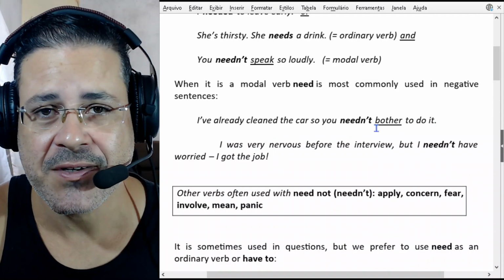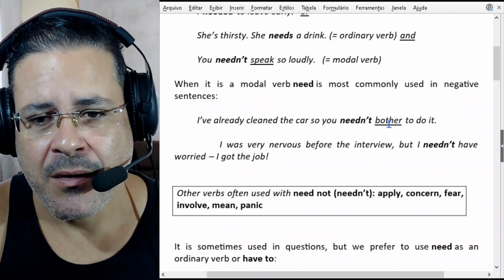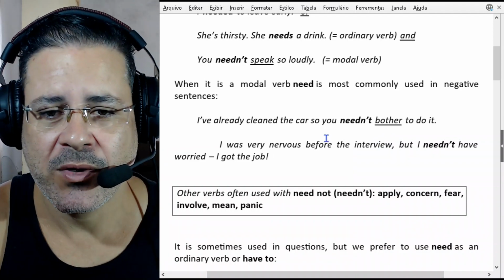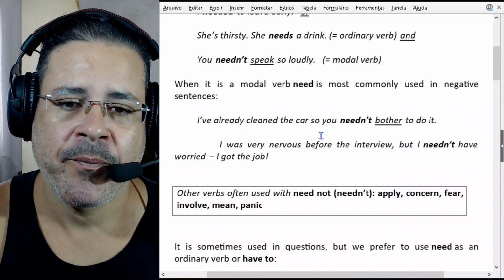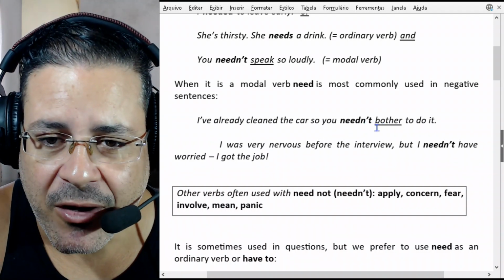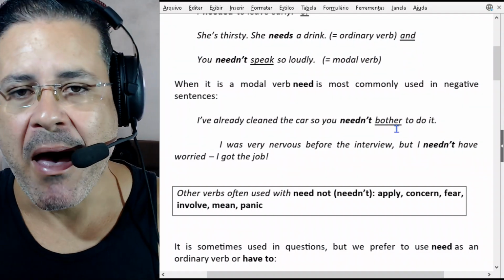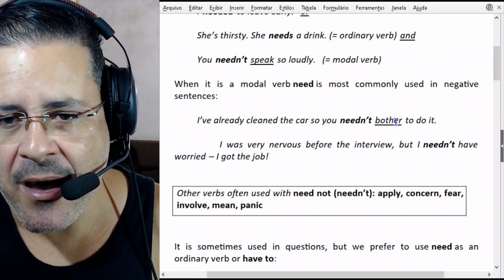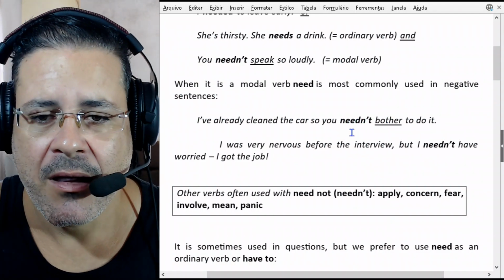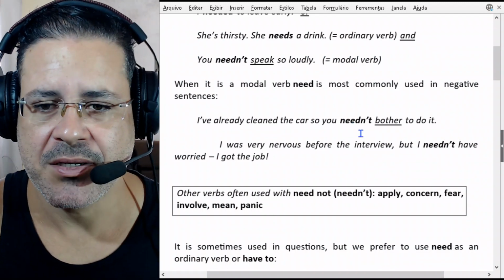And notice that after needn't, which is a modal verb, the following verb is in its bare form. We can't put, for example, you needn't to bother. No, because this is a modal verb, so the next verb has to be in its bare form. This is a bare infinitive because before it we have a modal verb, needn't in particular.